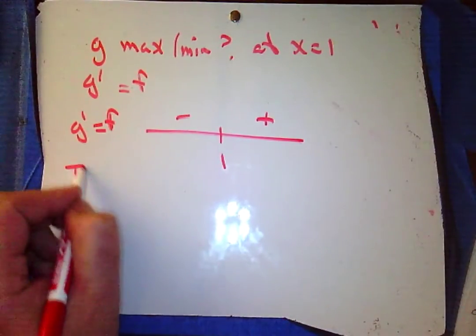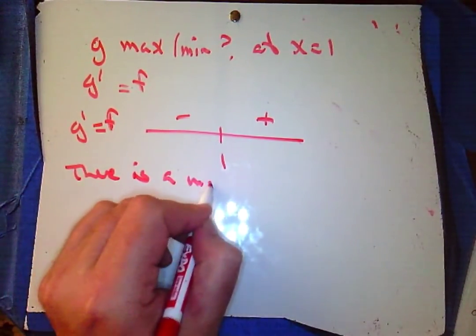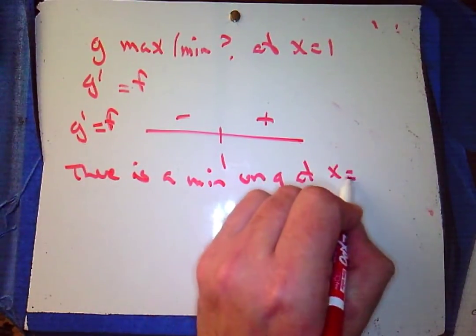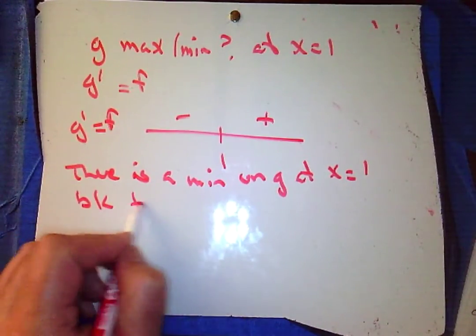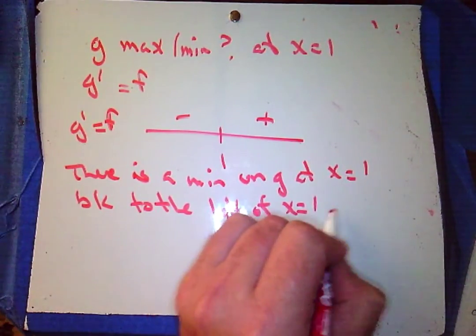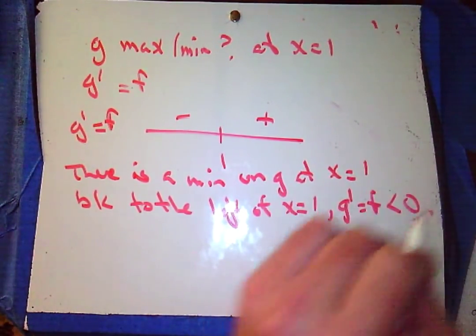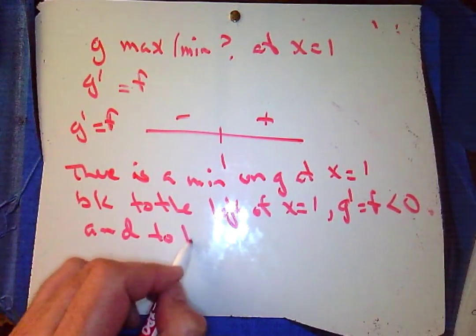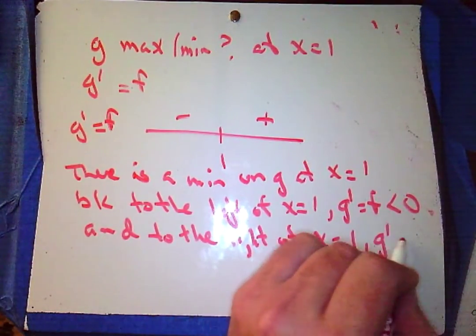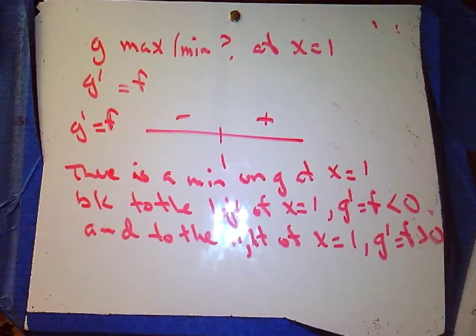And so there is a min on g at x equals 1, because to the left of x equals 1, g prime equals f is less than 0, and to the right of x equals 1, g prime equals f is greater than 0. And did we have to justify it? Yes, we did. I'm glad, because otherwise I would have felt silly justifying something that didn't need to be justified.